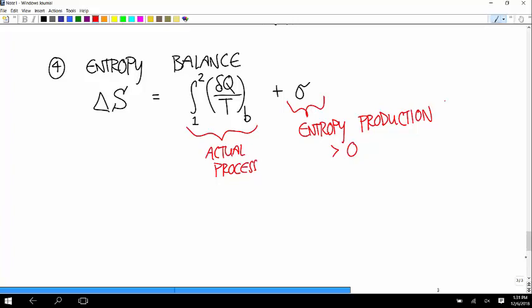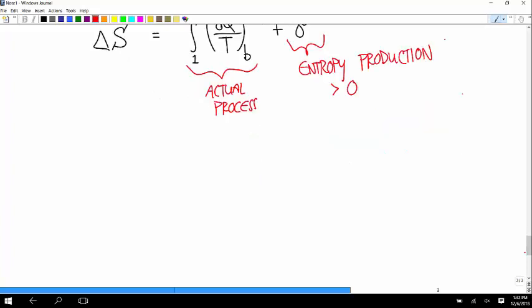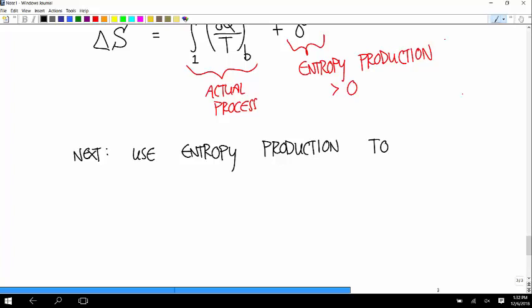Okay, so now we're going to use this idea. Next, we're going to use this entropy production idea to determine the directionality of processes.